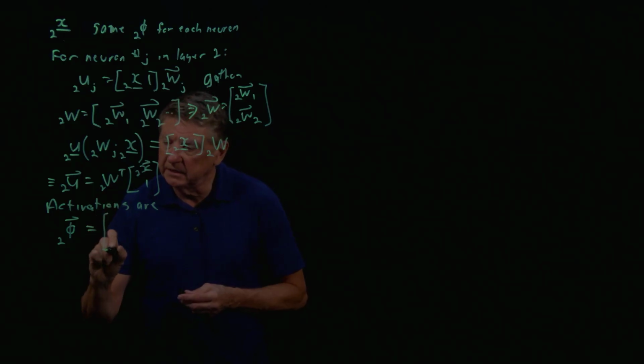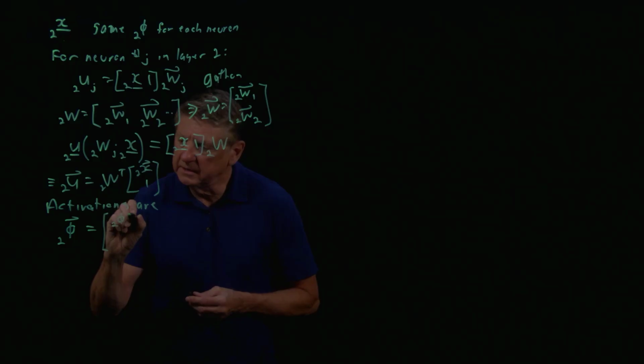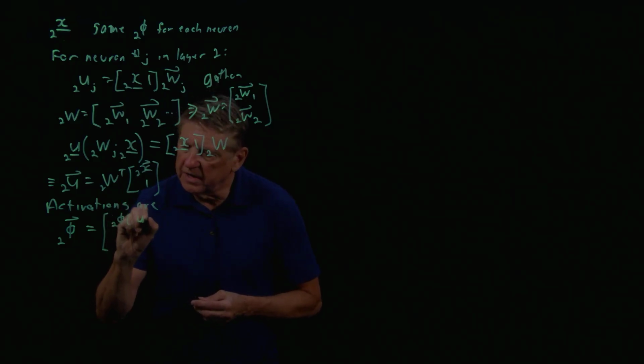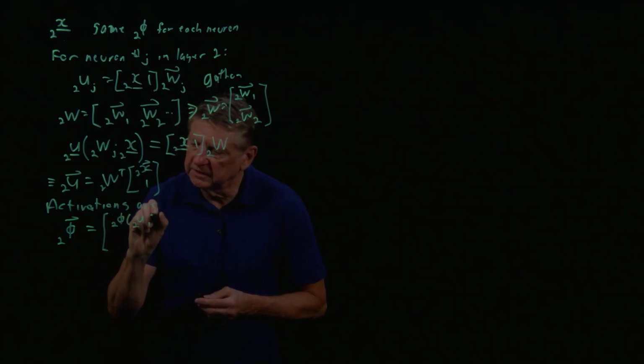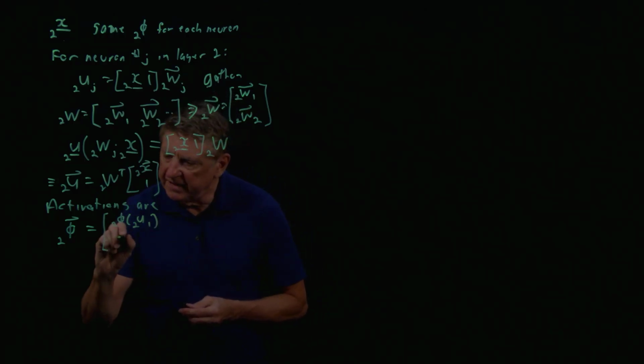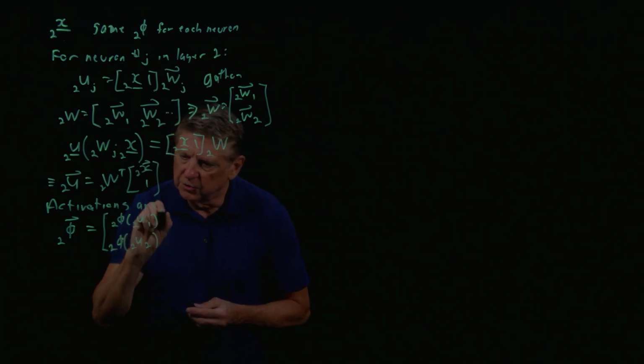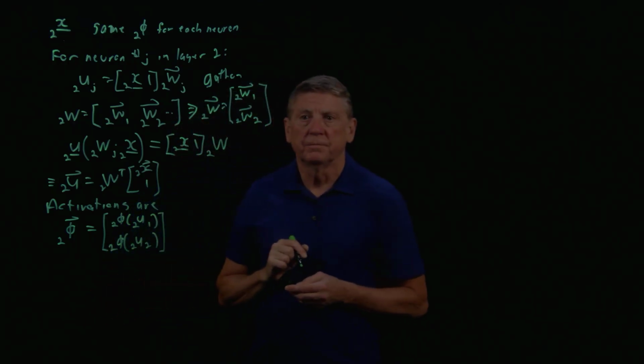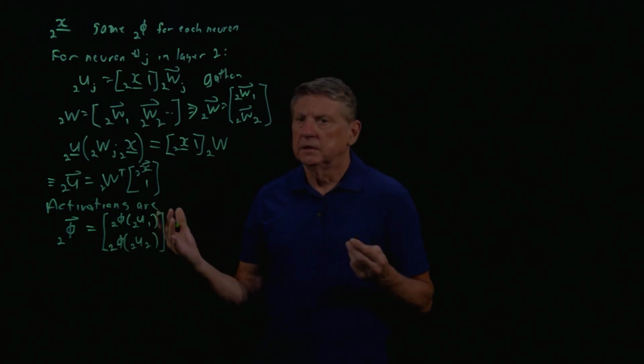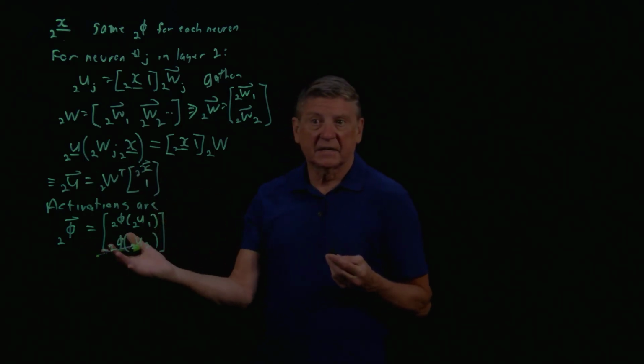That will be the activation for neuron 1, the layer 2 number 1 term, and then it'll be the same activation function, but we'll also apply it to the neuron 2 linear term. So that will then give us the activations.